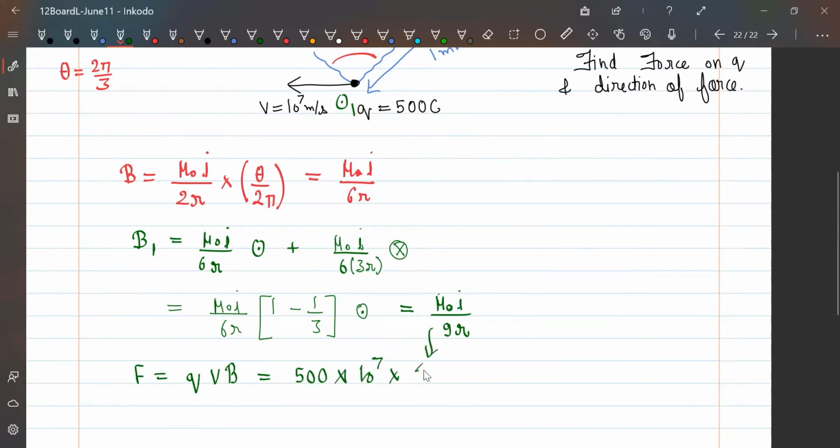Here, mu naught is 4 pi into 10 raised to minus 7. Current is 100 ampere by 9. R is given as 1 millimeter, 10 raised to minus 3. 4 pi into 10 raised to minus 7. So this gets cancelled.